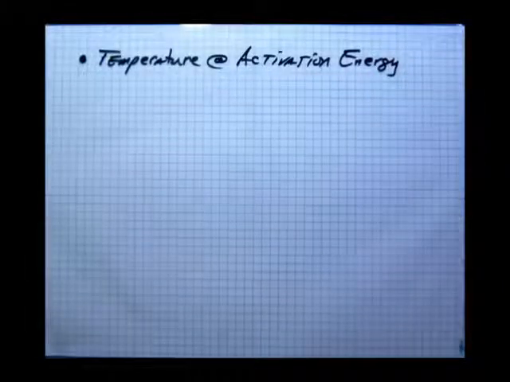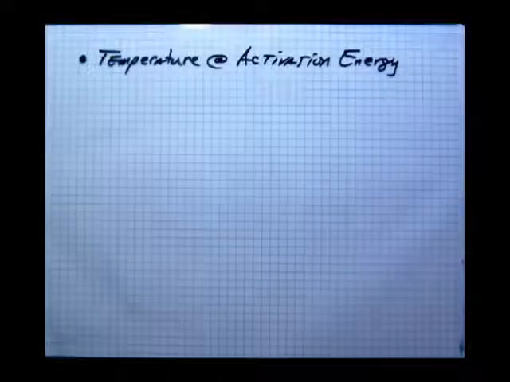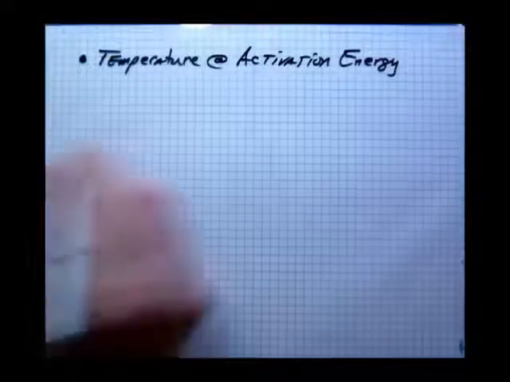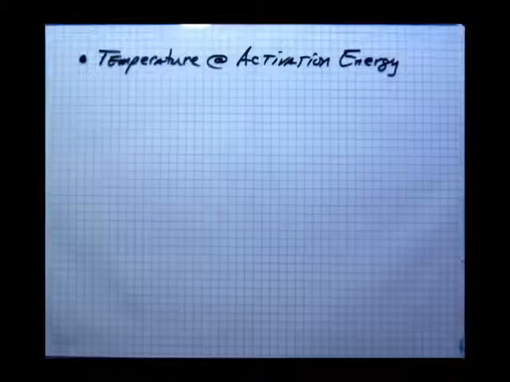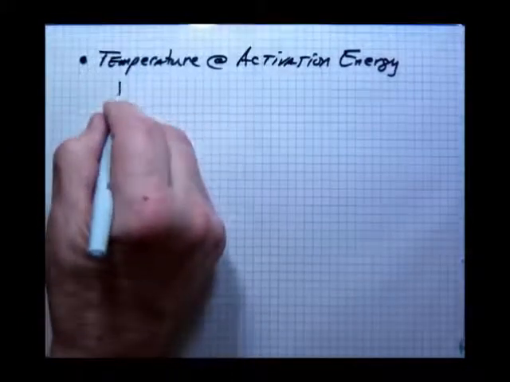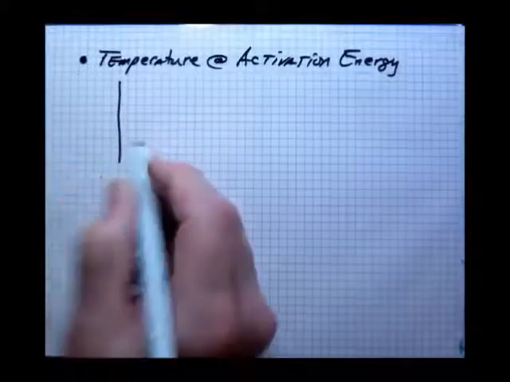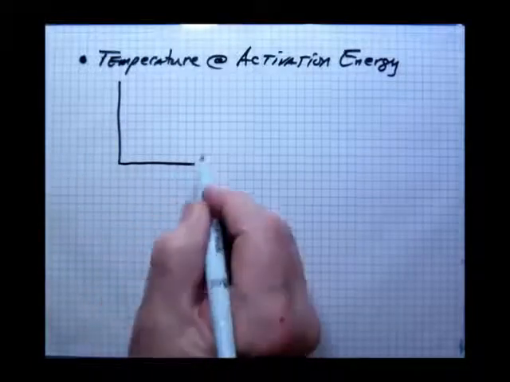We'll cover this again in a little bit. A couple of ways I could approach this. One, if we use what they call a transition state diagram.